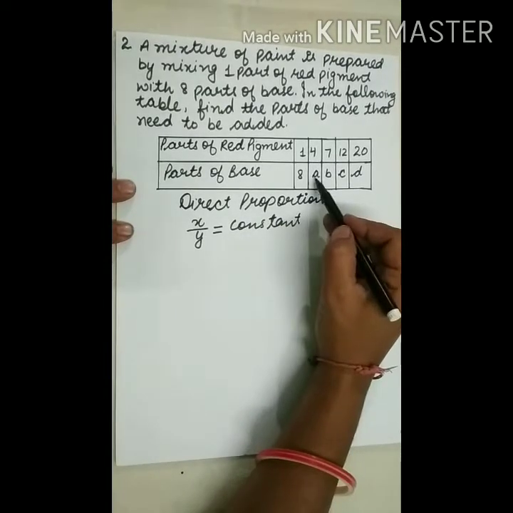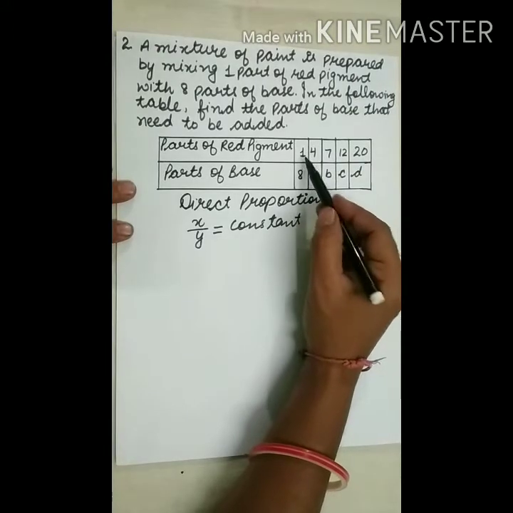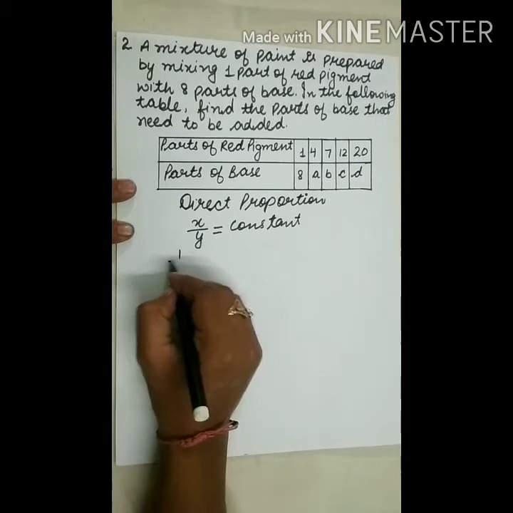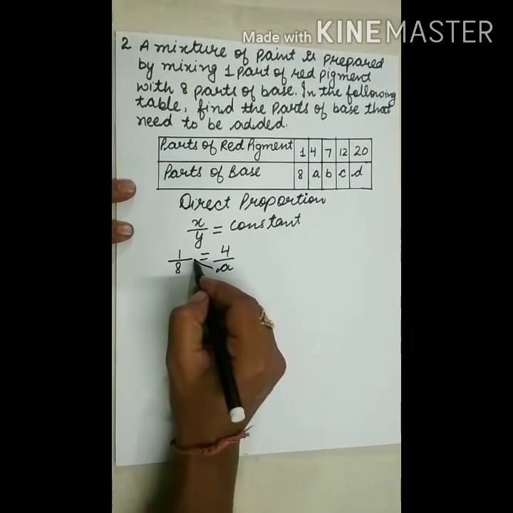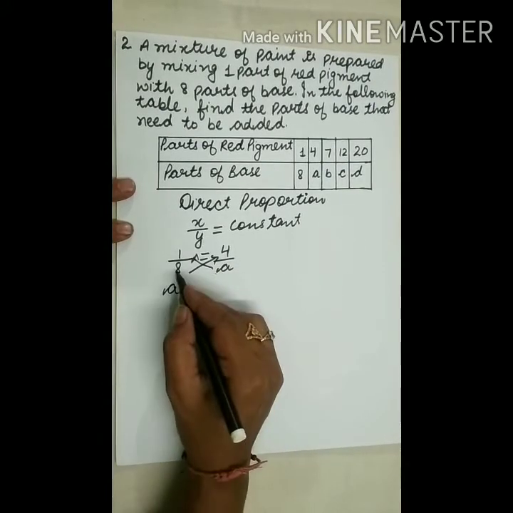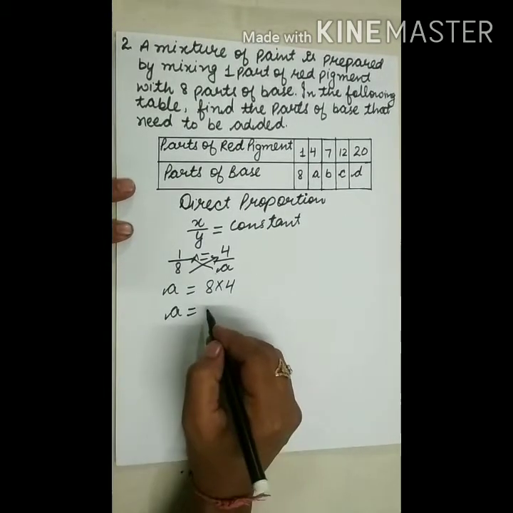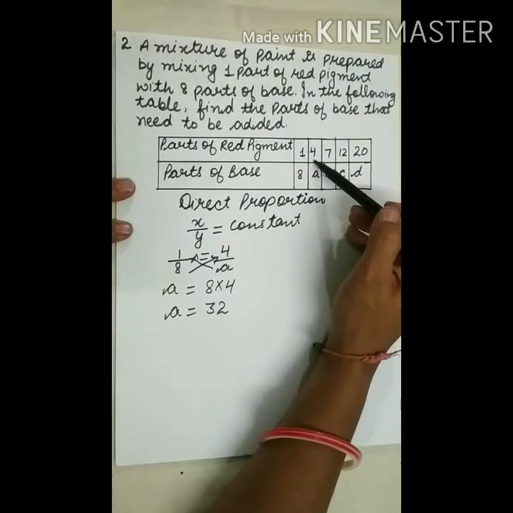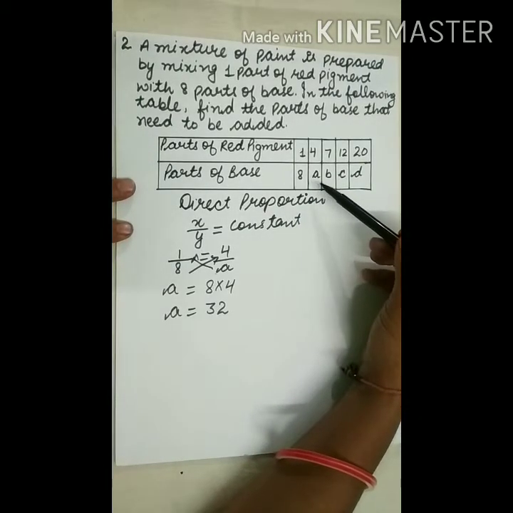Now I have taken these values as a, b, c and d, and 1 by 8 must be equal to 4 by a. Now we will do the cross multiplication. a multiplied by 1 is a, equal to 8 multiplied by 4, that is, the value of a is 32. It means for 4 parts of red pigment 32 parts of base are required.